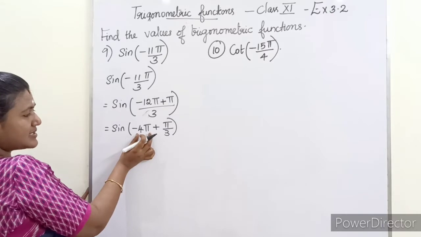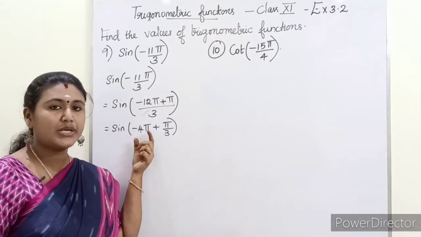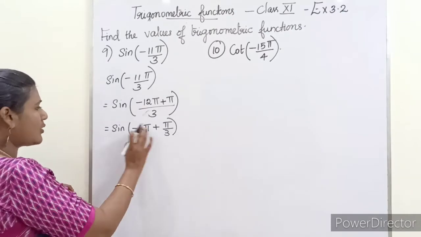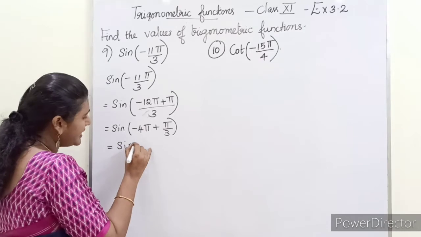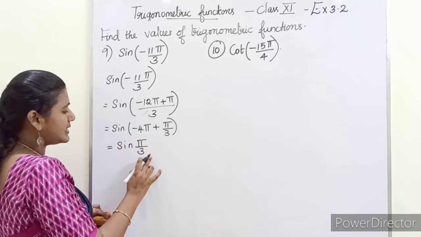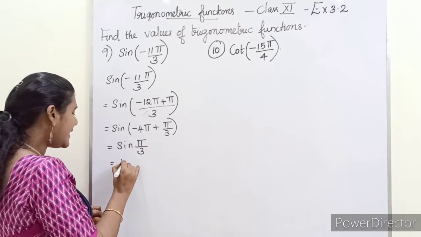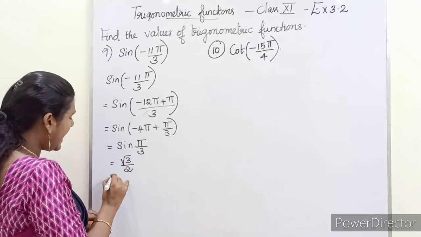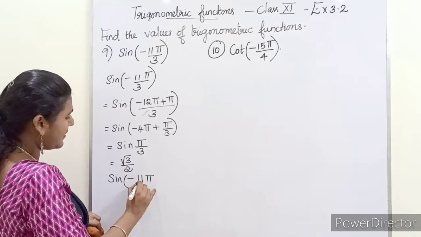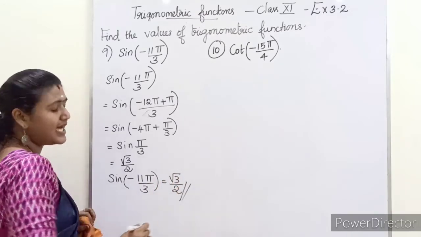Now we can write this minus 4 pi as minus 2 into 2 pi, that is an integral multiple of 2 pi. So this is equal to sin pi by 3, using the property. Now what is pi by 3? Sin 60. What is sin 60 degree? Root 3 by 2. So the answer of the given question, sin minus 11 pi by 3, is equal to root 3 by 2.